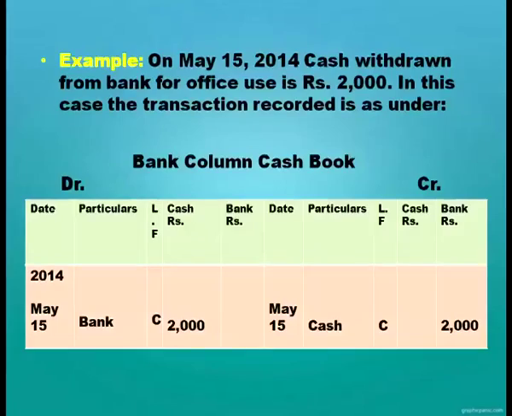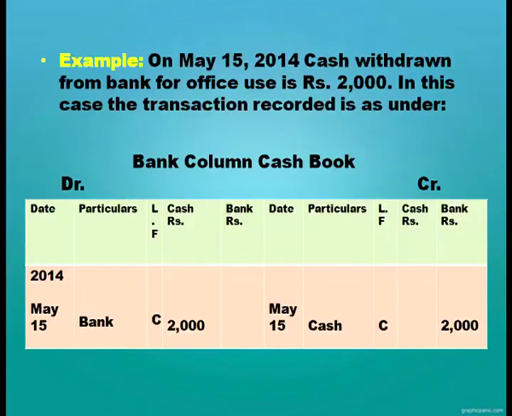Here is a transaction. On May 15th, 2014, cash of rupees 2,000 is withdrawn from the bank for office use. How will you write this in the cash book with a bank column? The entry will be cash account debit to bank.